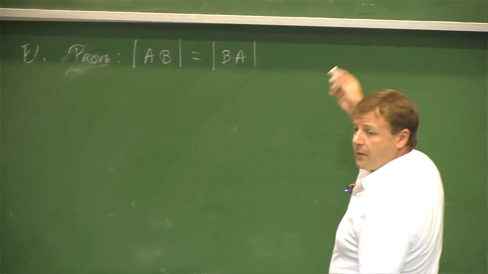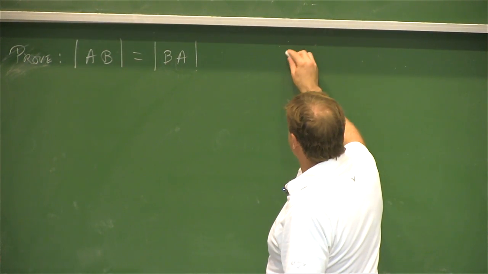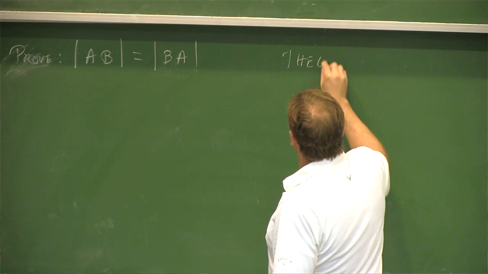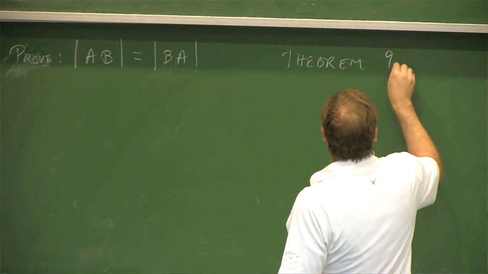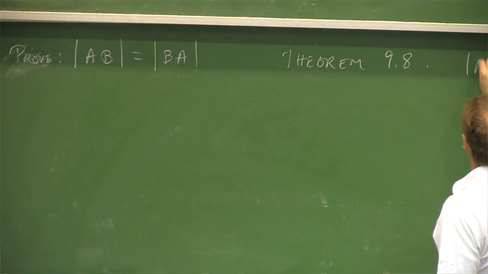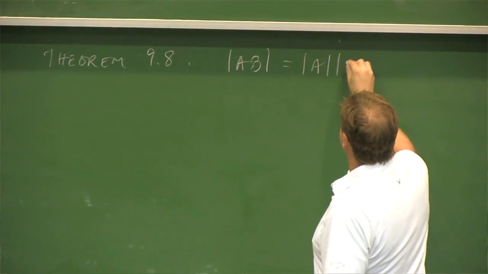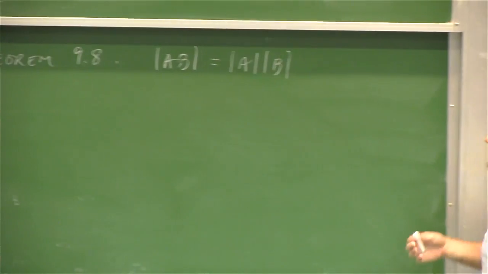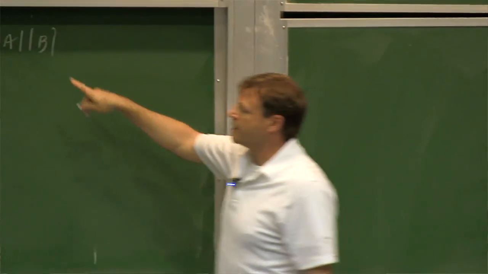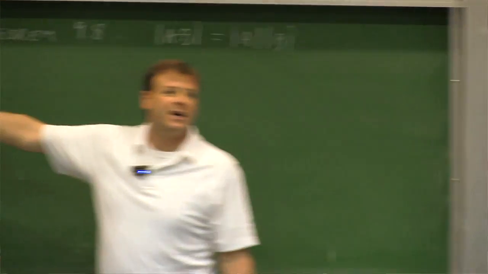The one that might stand out to you when you're looking through them is theorem 9.8, which says that the determinant of AB is equal to the determinant of A times the determinant of B. So at least you found some kind of fact that looks like the thing you're trying to prove.